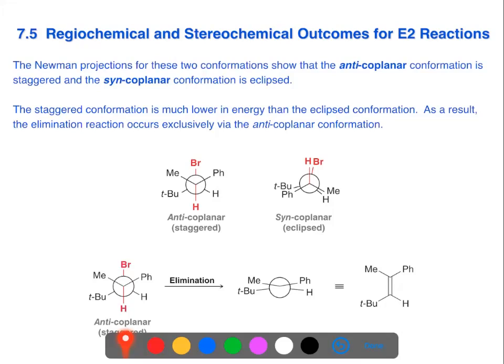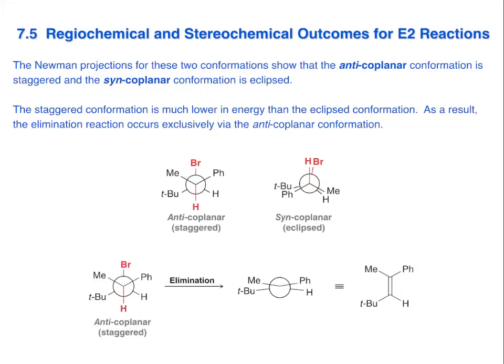And so recall that the energy of the anti conformation is much lower than the energy of the eclipsed conformation. And so this will be the more stable conformation for this particular substrate in our E2 reaction. As a result, the elimination reaction occurs exclusively via the anti-coplanar conformation, as shown.